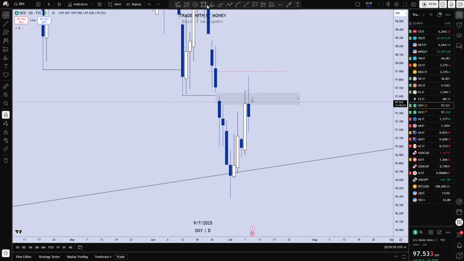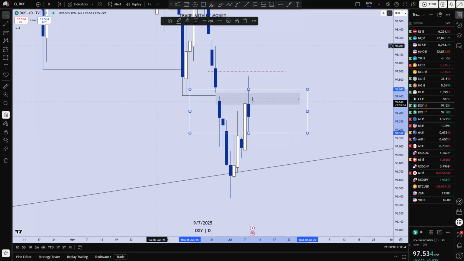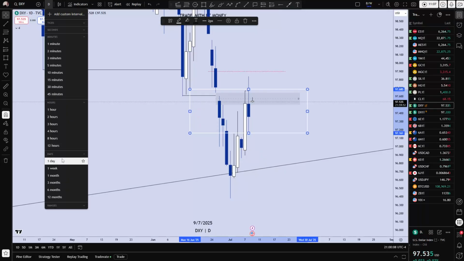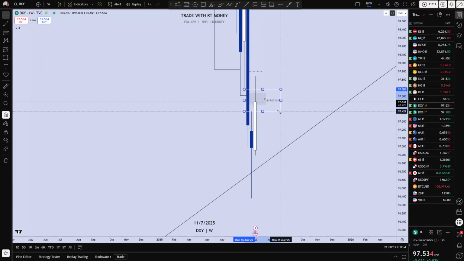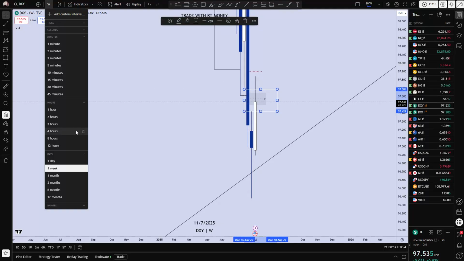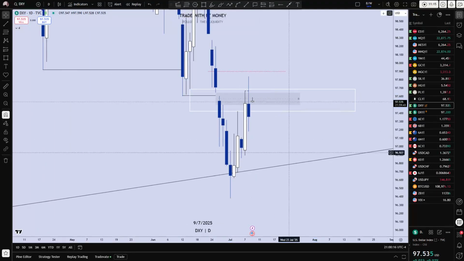But just remember that we are inside of a weekly fair value gap here. I can't remember exactly where the edges are. Let me draw it out again. Should have done this the first time. All right. And yeah, so this is the daily inside of that weekly, just like the opposite on the euro.